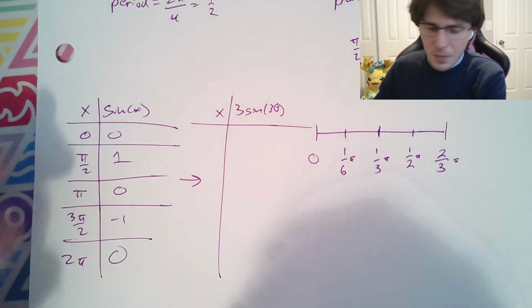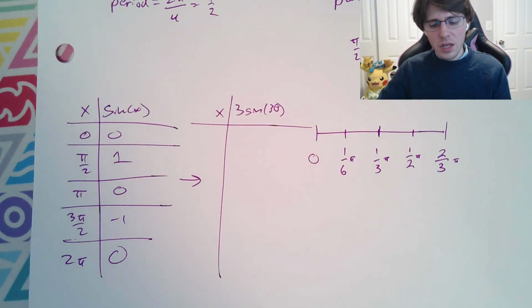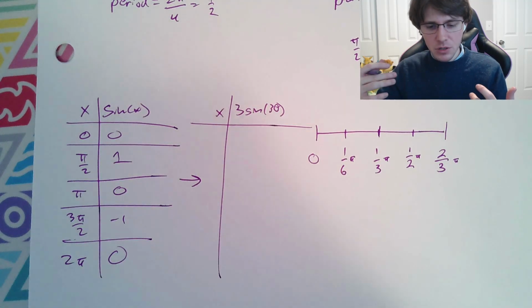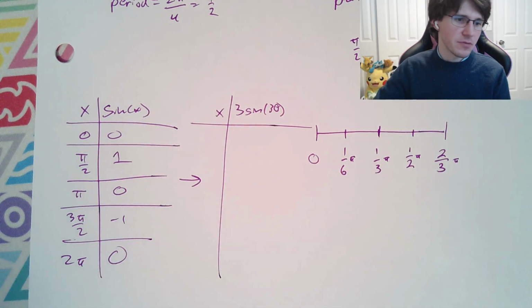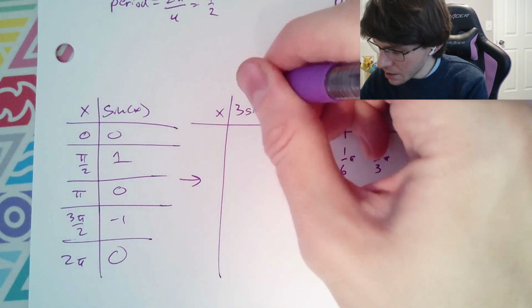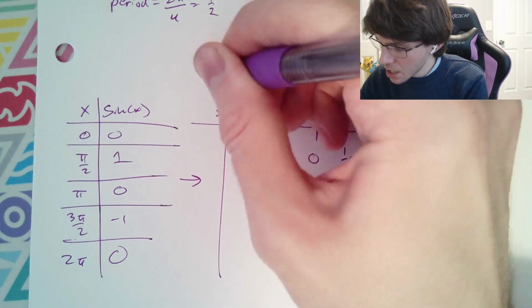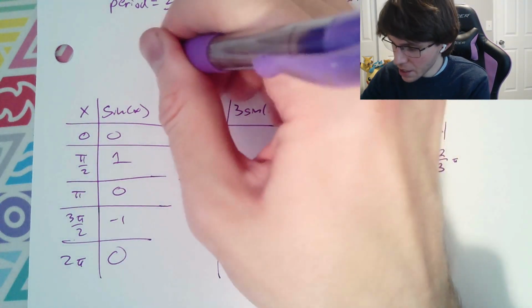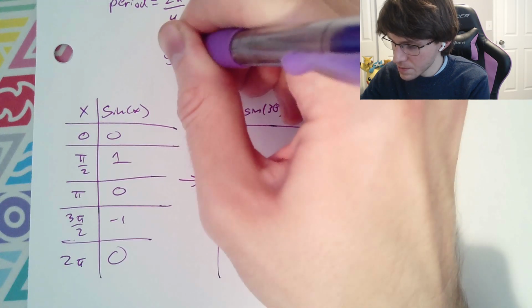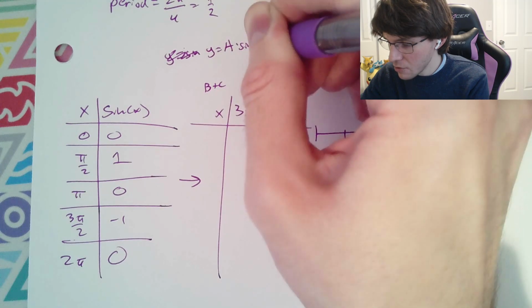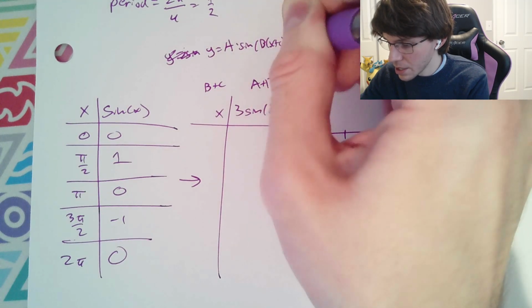So if you're looking at it from the perspective of how we used to do things, when we used to do our transformations for the A, B, C's, and D's, we talked about how the letters A and D affect the Y values, and the letters B and C affect the X values on the inside of that. So I'm talking about if Y is equal to what I wrote down at the very start of my notes, A times the sine of BX plus C plus D.